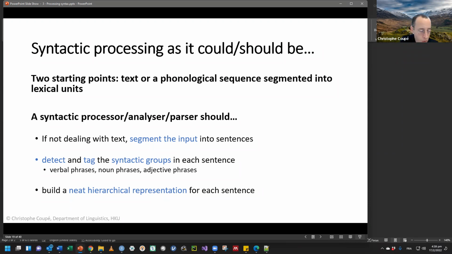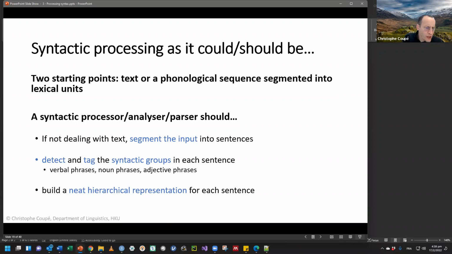If you have a written text, and it's well written, you look at dots, question marks, exclamation marks, commas, etc., to find the sentences. That's the first thing you should do if you don't already have text with punctuation.